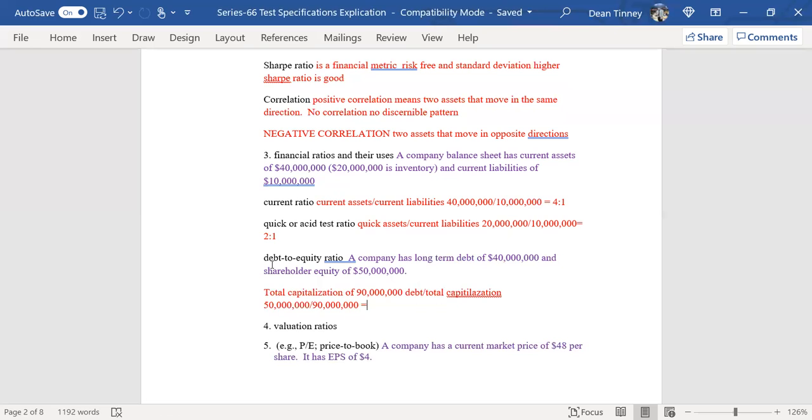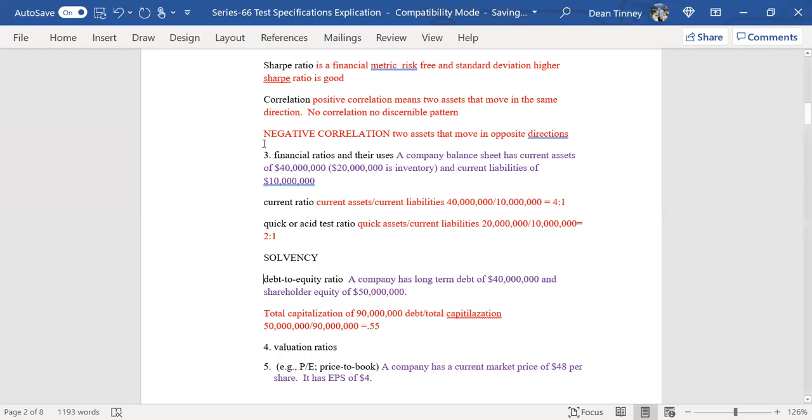We find out that 55 cents of every dollar belongs to our bondholders. This is a solvency ratio. So this is about the solvency of the corporation, whether they may go bankrupt or not. And these up here are about liquidity.